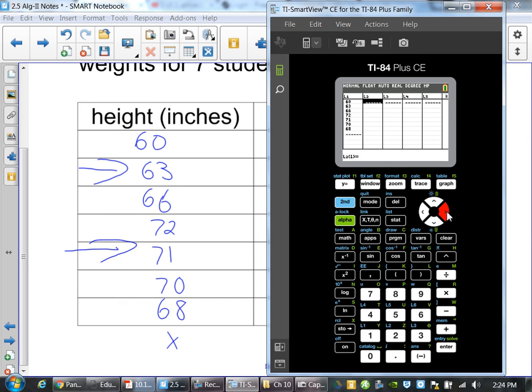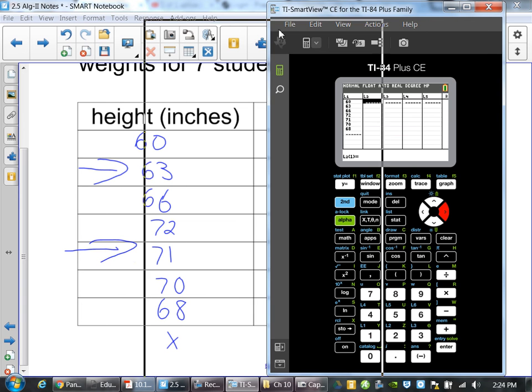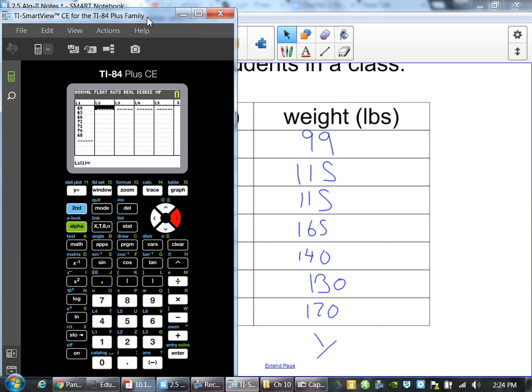Then we got to go to the next. Hit right to get to L2. Now what?